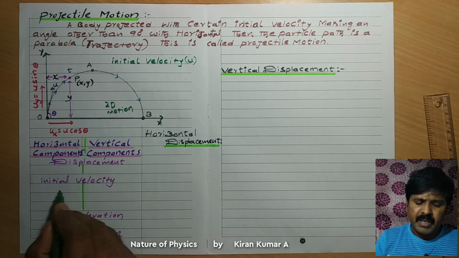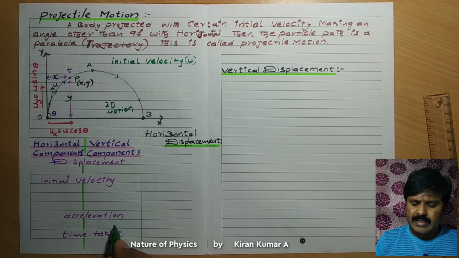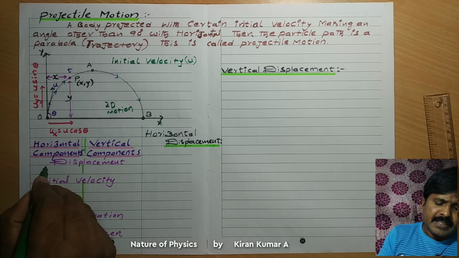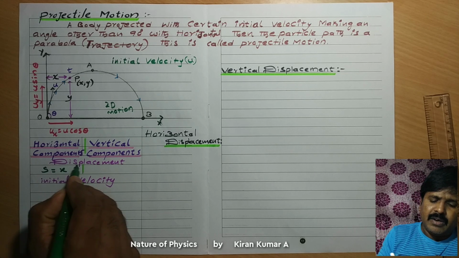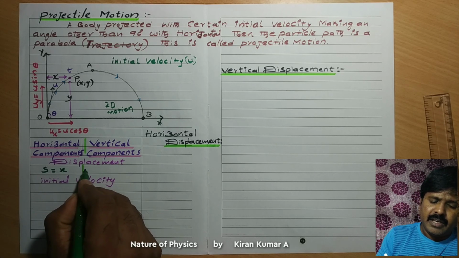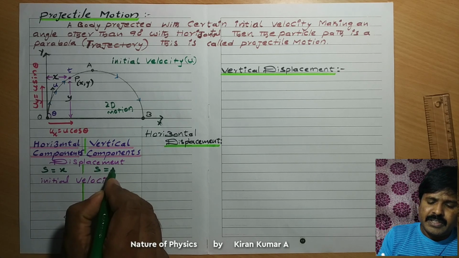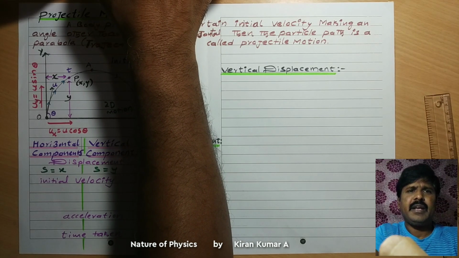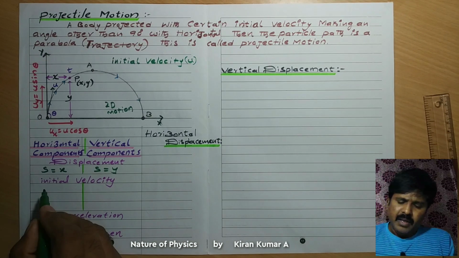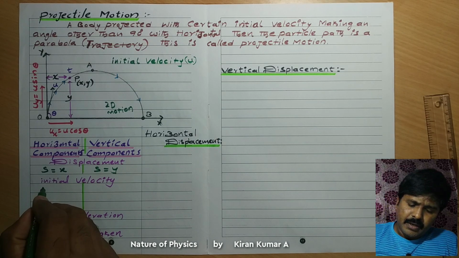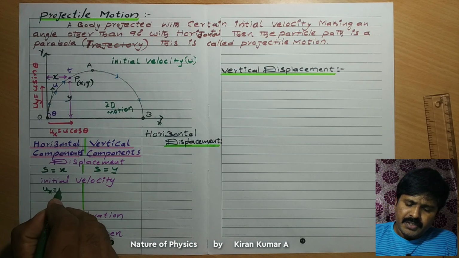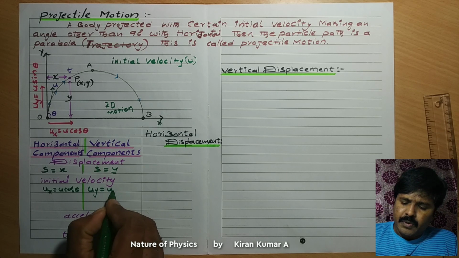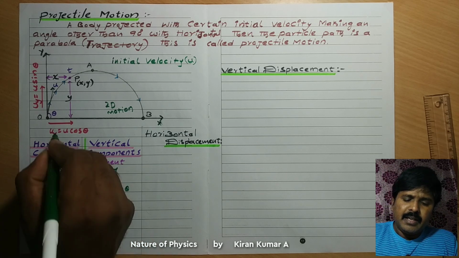First displacement, next initial velocity, acceleration and time taken, students. So displacement: here s is equal to x, the horizontal displacement, and for vertical displacement s is equal to y. Next, initial velocity: ux is equal to u cos theta and uy is equal to u sin theta, clearly given in the diagram.